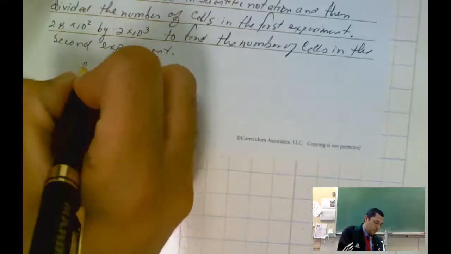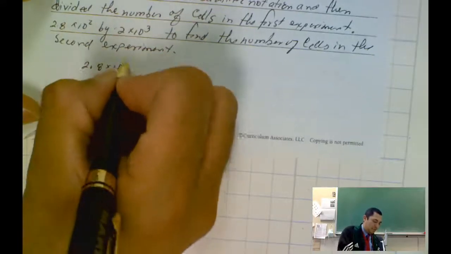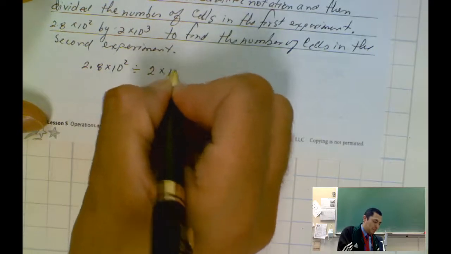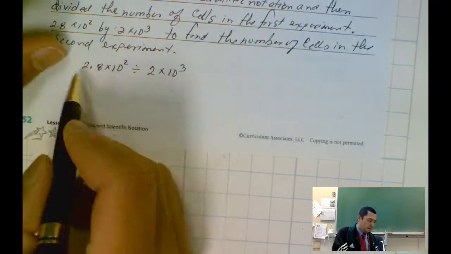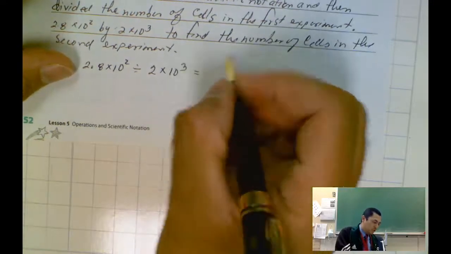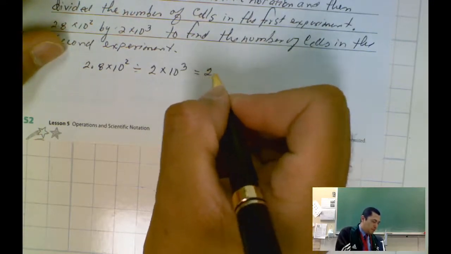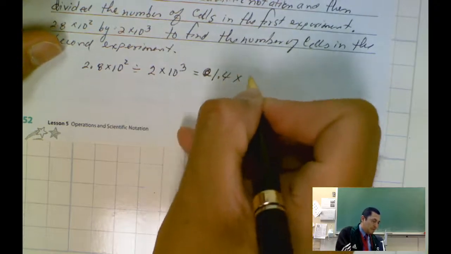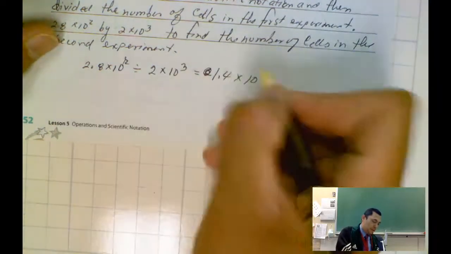Now, this is what I did. So I have 2.8 times 10 to the 12th power divided by 2 times 10 to the 3. Okay, so 2.8 divided by 2 is 1.4 times 10 to the 9.